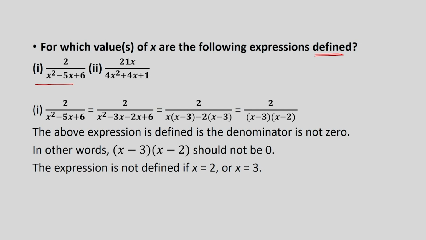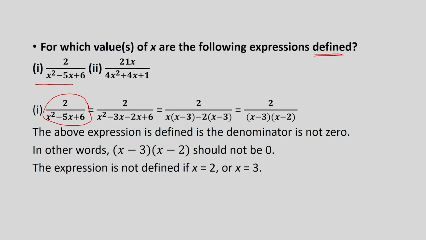Let us start with the first problem. As we can see, 2 divided by x square minus 5x plus 6, we can write this expression as 2 divided by x square minus 3x minus 2x plus 6. What we are trying to do is factorize the denominator. That is the general idea.